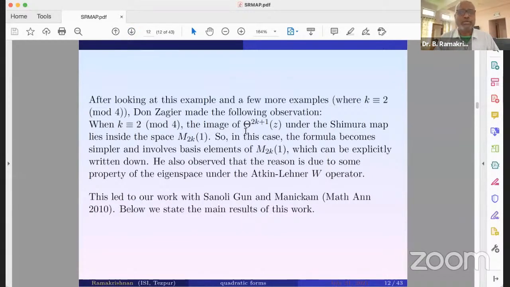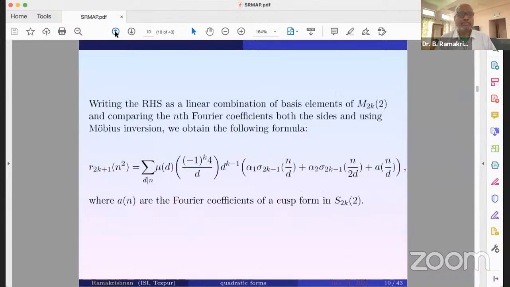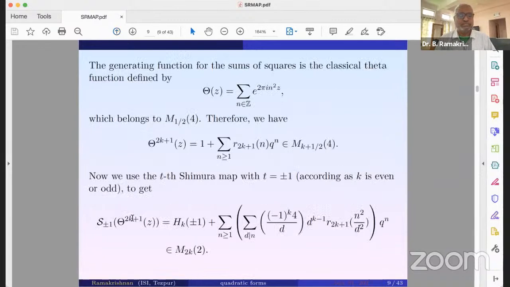After looking at these explicit examples, he did some kind of calculation and made the observation that whenever k is 2 mod 4, the image of theta^{2k+1} under the Shimura map lies inside the space M_{2k}(1) rather than M_{2k}(2). So for certain values of k, if I apply the Shimura map, it should not be in M_{2k}(2), but rather it will be in M_{2k}(1). So that's why it is happening.